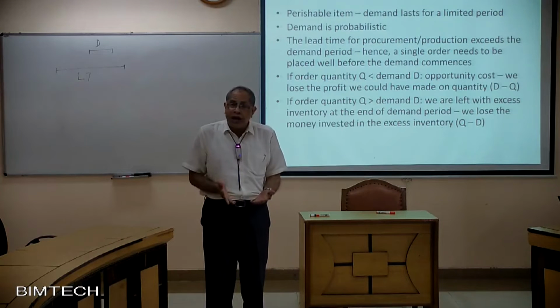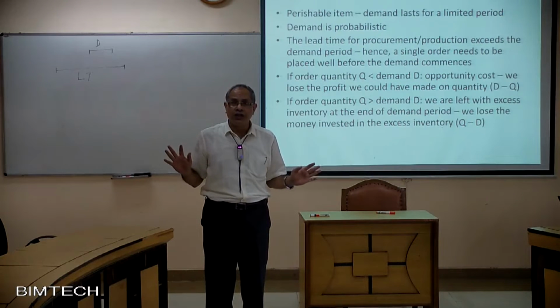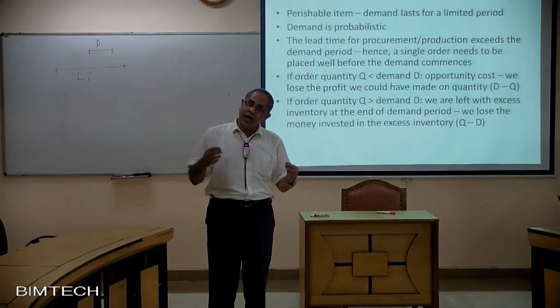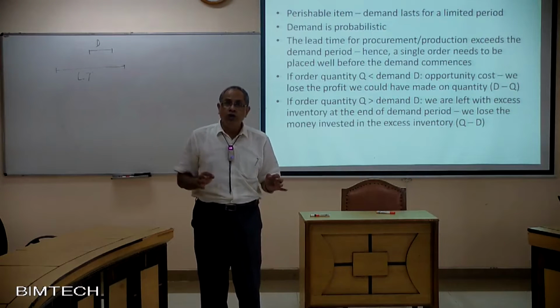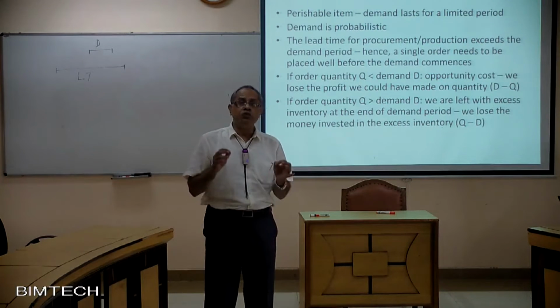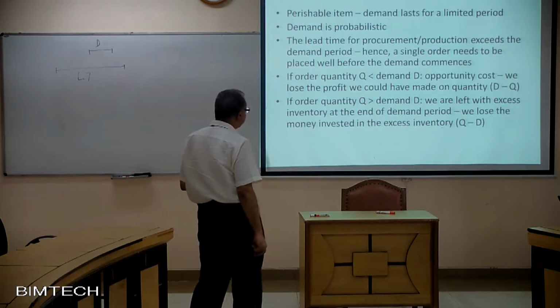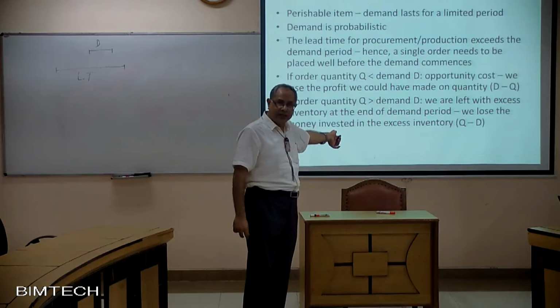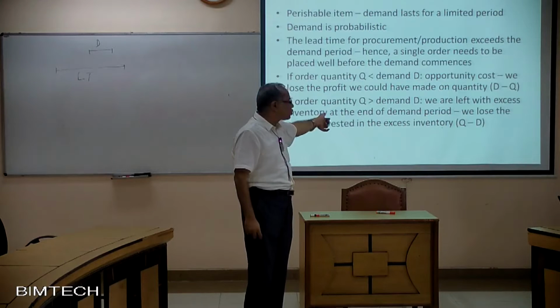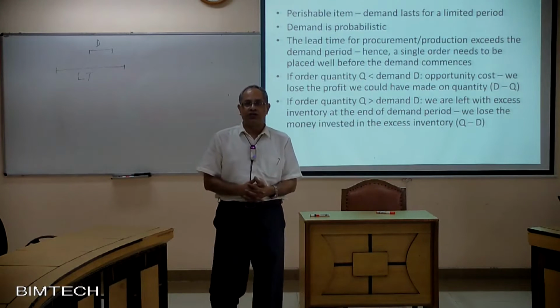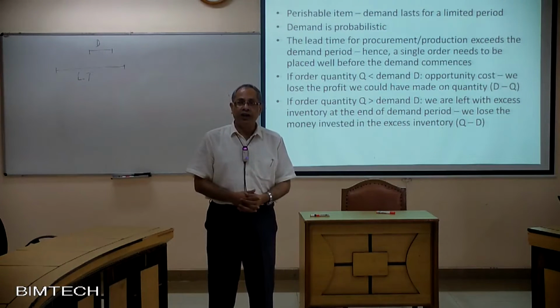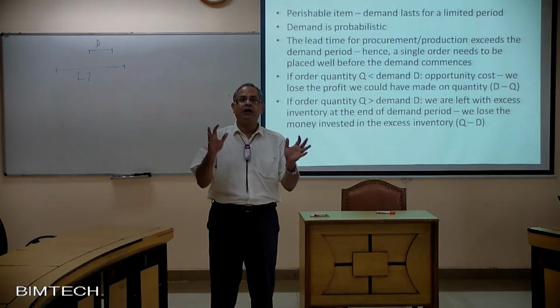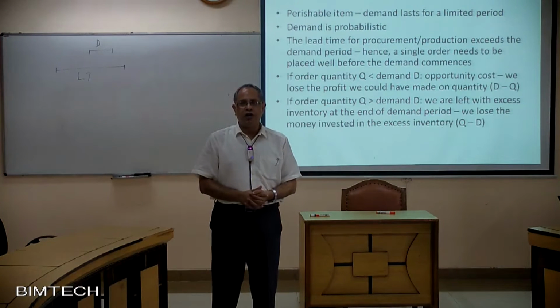Therefore you may have to throw away those excess units, and again you lose. You lose the money that you would have invested in buying or making those excess units, and that excess quantity this time is Q minus D, because Q is greater than D. So this is the crux of the context within which we will discuss the single period inventory model.